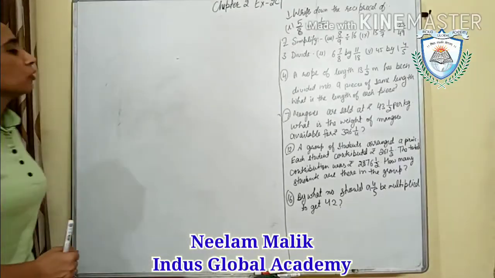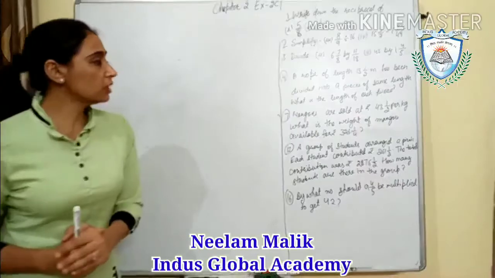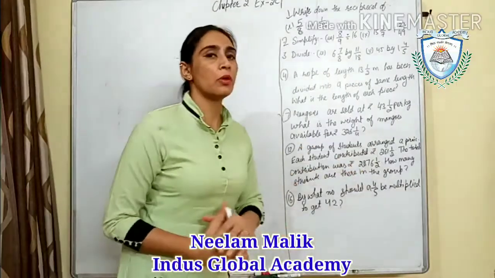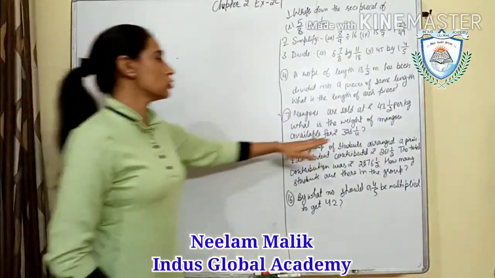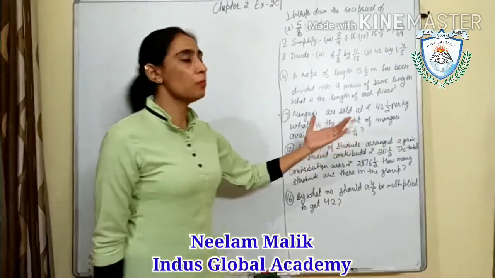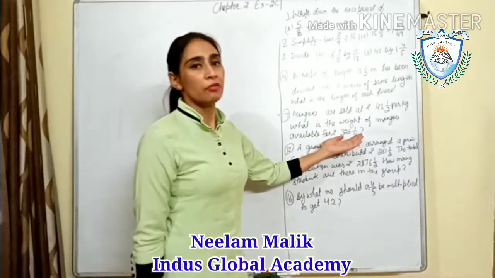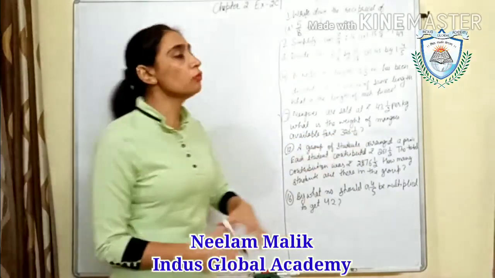What is the weight of mangoes available for rupees 326 and 1 upon 4? This is also given, means how much mango we will get for this amount. We have to find this out.